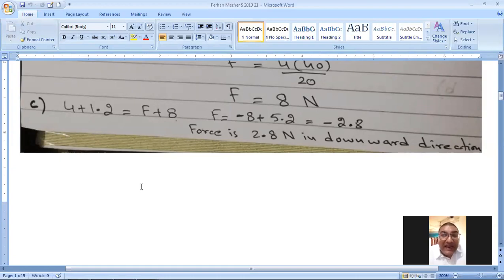That negative sign shows that the direction I supposed, F in the upward direction, is wrong; the real direction is opposite to that. So the real direction of F will be downward. So F will be 2.8 Newton and it will be in the downward direction.